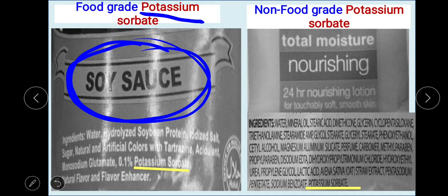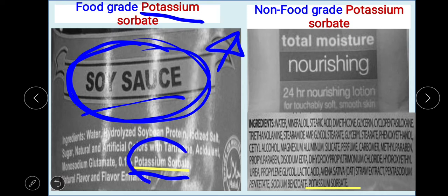Soy sauce has potassium sorbate here because soy sauce can be added to food, because soy sauce is safe to eat, no? Because soy sauce is safe to eat, the potassium sorbate here is food grade.